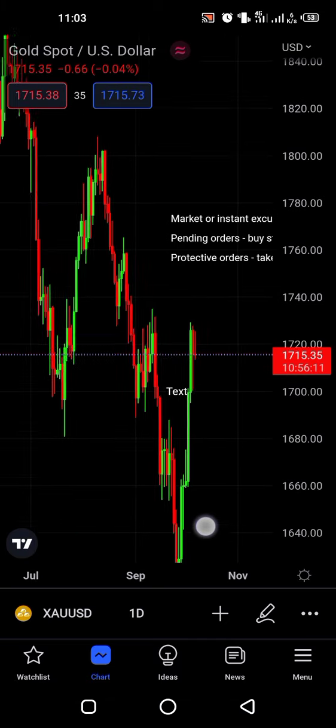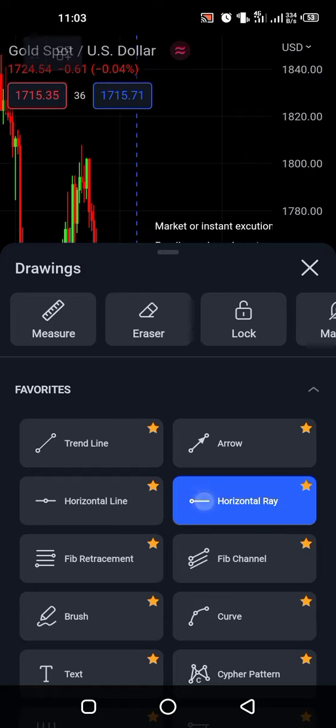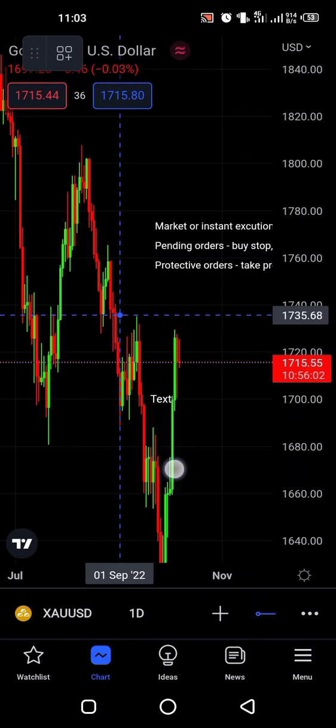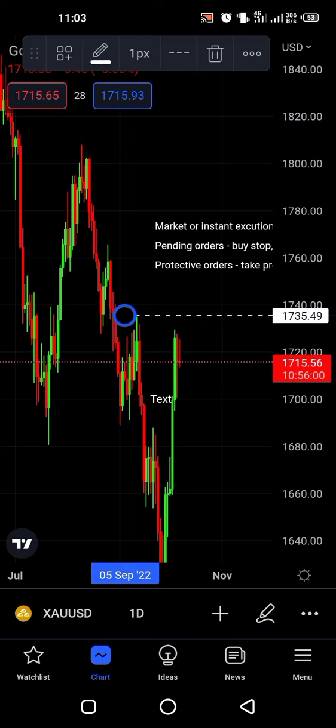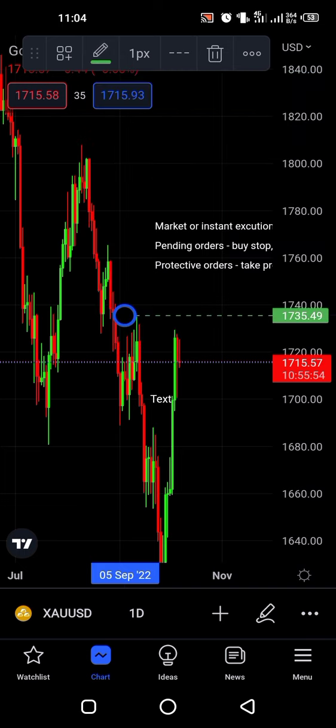So let's say you're waiting for price to, now there are different reasons why that will be. You might say, okay, I want price to break this level. First of all, let me use a brighter color, yellow.